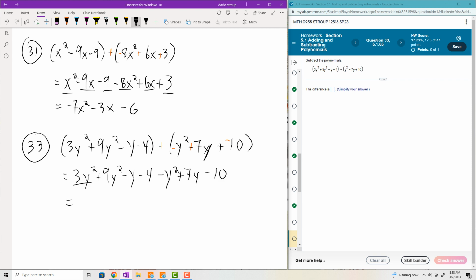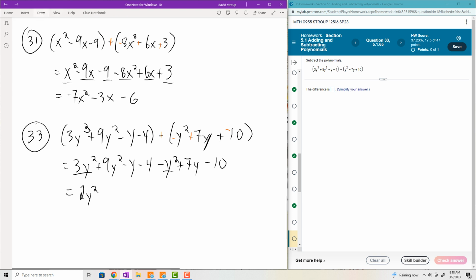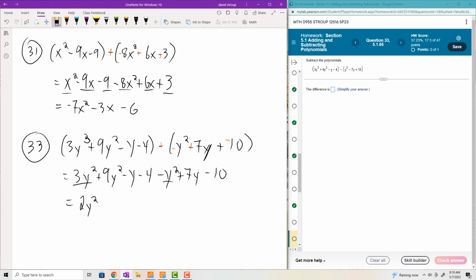So combining the y squares first, we'll have 2 of those. Oops, oh, this one's a y cubed, sorry. So I have to redo that. Y cubed. Okay, so there's just the one y cubed term. So you have 3y cubed, and then there's the 9y squared minus 1y squared is 8y squares.